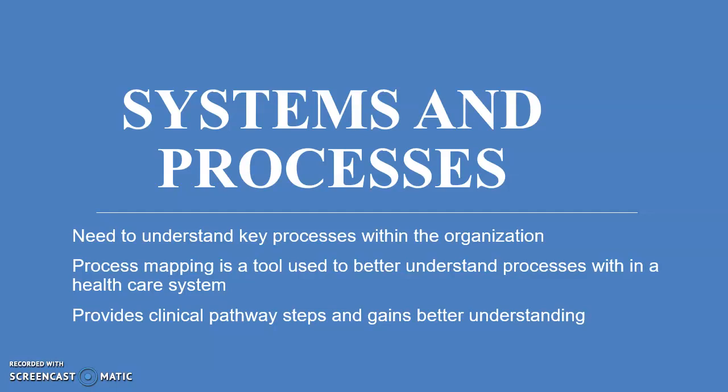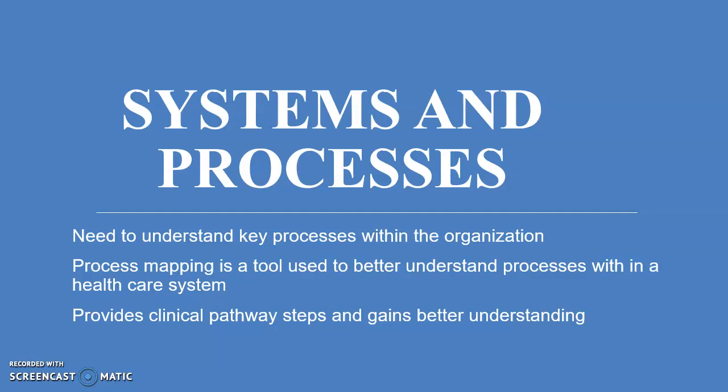The resources provided along with how they are utilized both affect patient care and to achieve the greatest patient outcome, and they should be addressed simultaneously. So process mapping is a tool used to better understand processes within a healthcare system. It's a visual diagram that gives results based on a sequence of events.